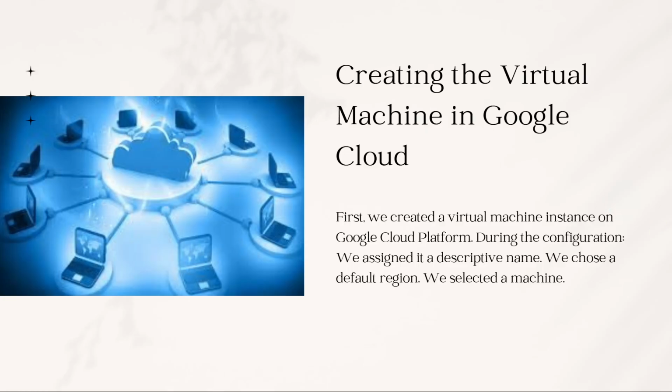First, we create a virtual machine instance on Google Cloud Platform. During the setup, we assign a descriptive name, we choose a default region, we select an E2 machine, we size the operating system Linux, and 4 GB of RAM, resources sufficient to run Flask and a SQLite database without problems.